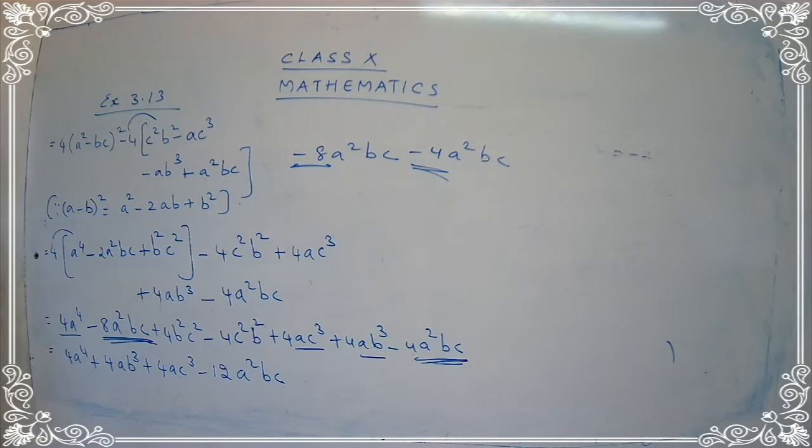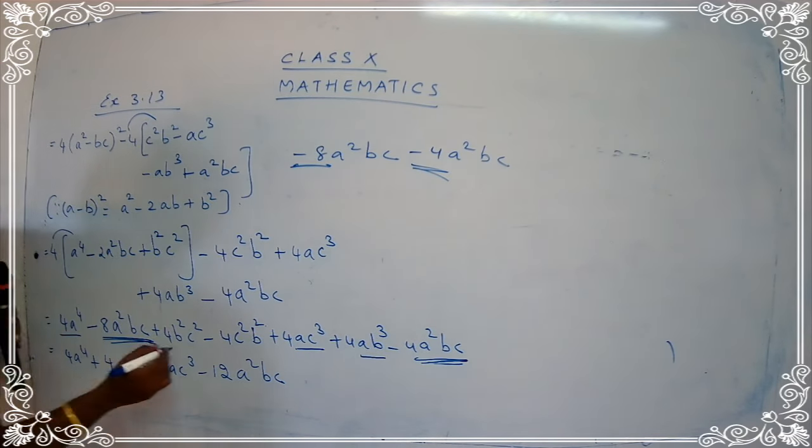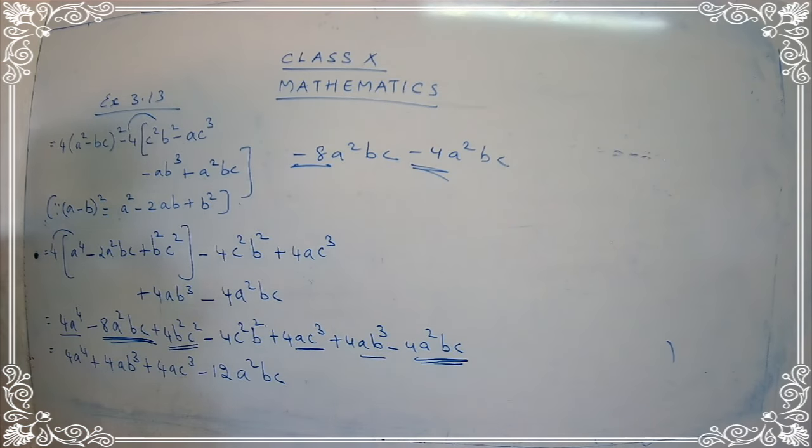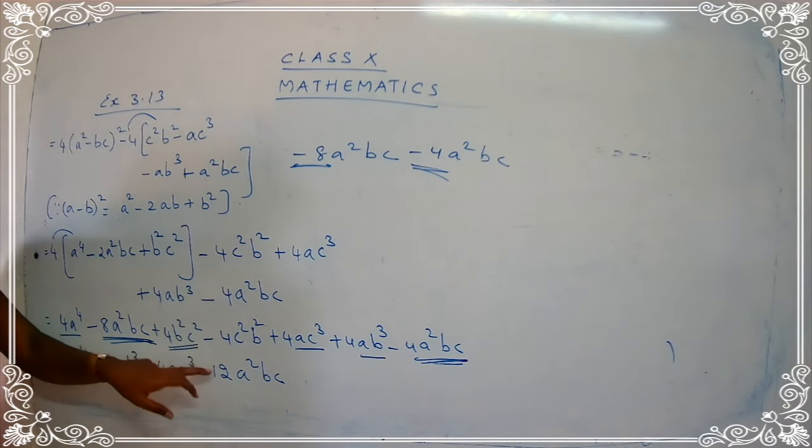Okay, now let's group the next term. What is here? 4b square c square. And what is given here? Again 4, it's c square b square. c square b square and b square c square is one and the same children.